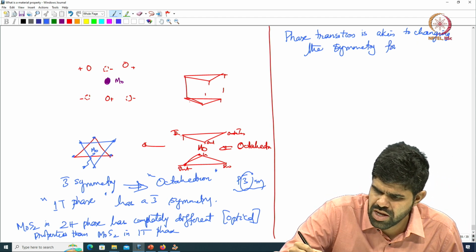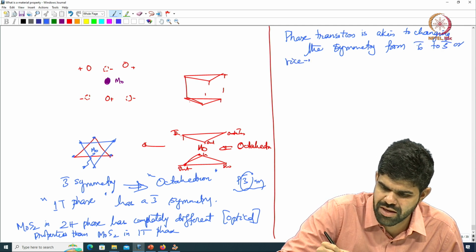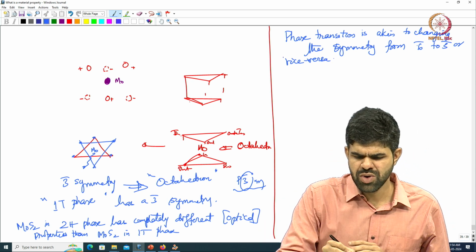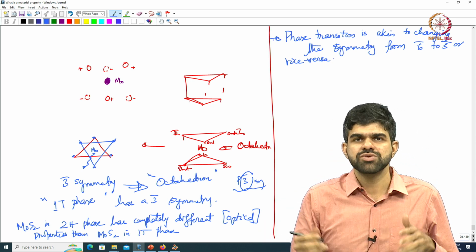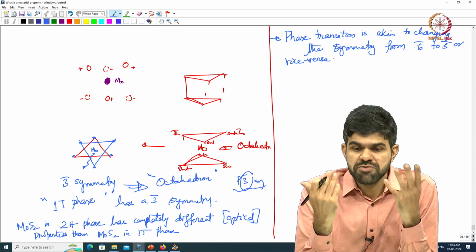So, from 6 bar to 3 bar or vice versa. Okay. So, at a point symmetry level, right. We are actually going to see that the entire space group changes when you change phases, right.